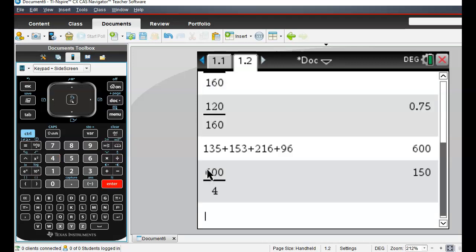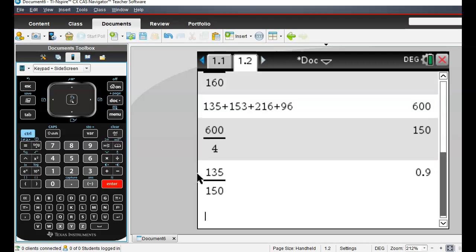So the average season for 2016 is 150. So to find the seasonal index, we need to divide what we got for that season by the seasonal average. So that's 135 divided by 150.